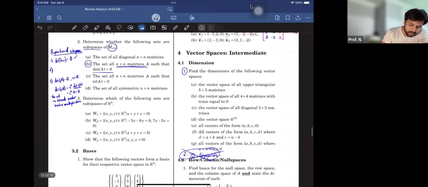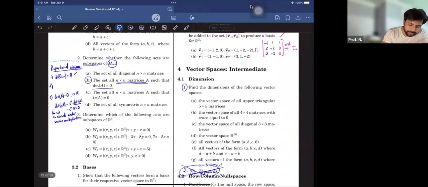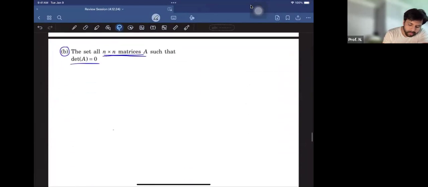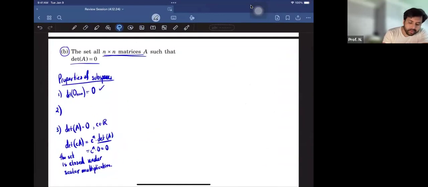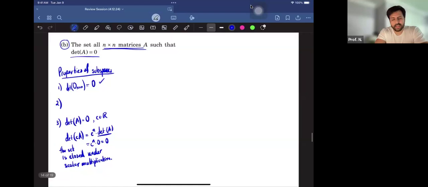So this set of matrices has a zero matrix in it.